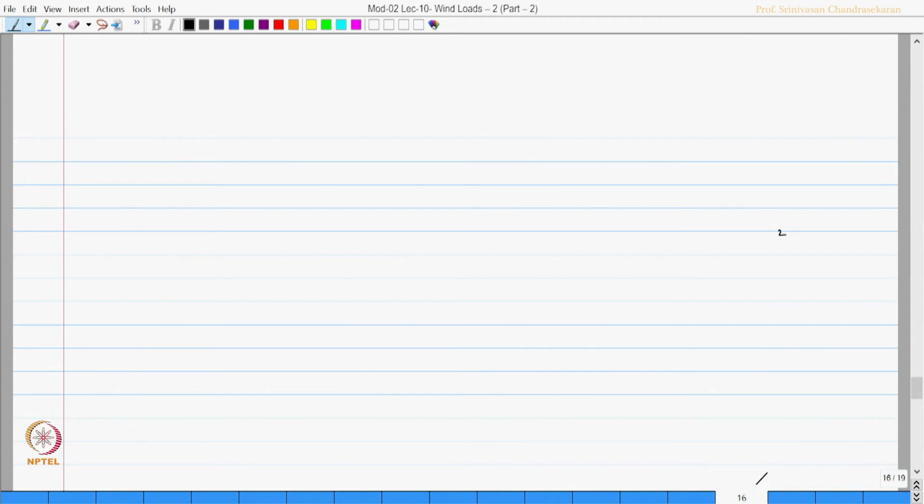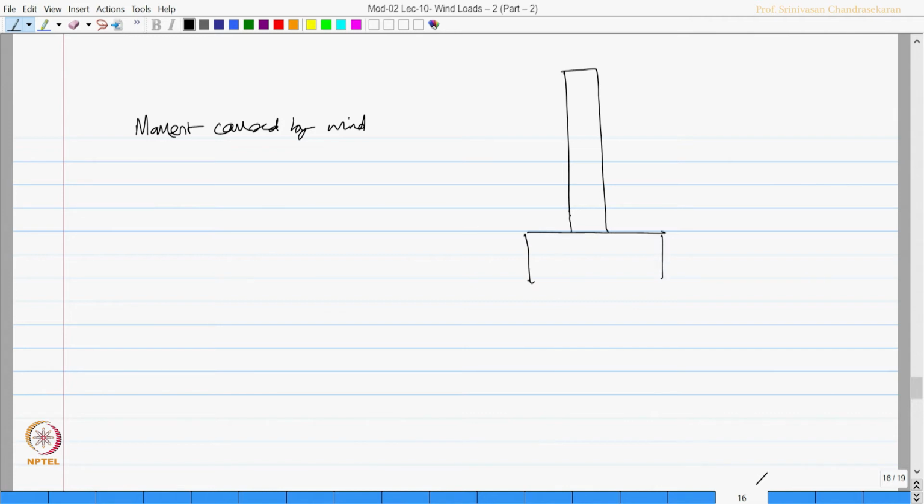So, let us say we want to find the moment caused by wind. So, we already have two objects, one is the derrick, other is the deck. CG of the deck is somewhere here, CG of the derrick is somewhere here. We know this is going to be 2 meters because this is 4 meters, and we know this is 10 meters.